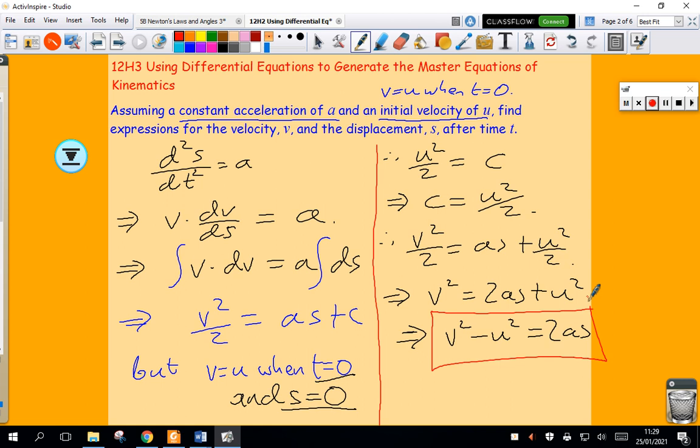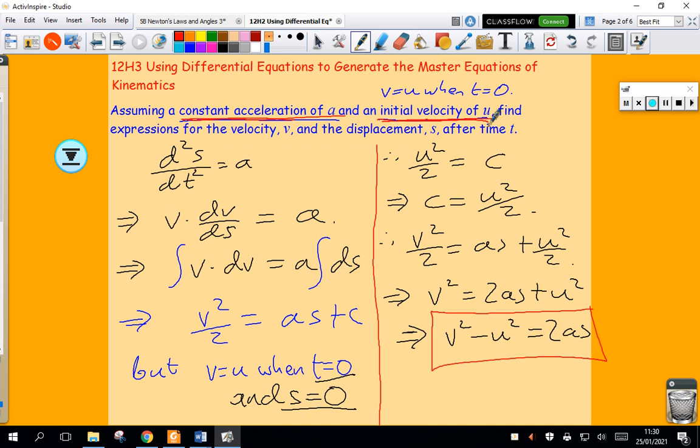And again, it depends on a constant acceleration and initial velocity of u. So if we know the acceleration is constant, we know the initial velocity is u, well then v squared minus u squared is equal to 2as: the final velocity squared minus the square of the initial velocity would be twice whatever that constant acceleration is times whatever the displacement is. And that's always constant acceleration where the initial velocity is u.